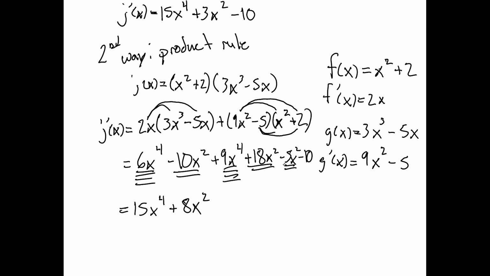So this is a squared term. So we're negative 10x squared plus 18x squared minus 5x squared. We get our plus 3x squared, and then our minus 10. There we go. All right, that's right.